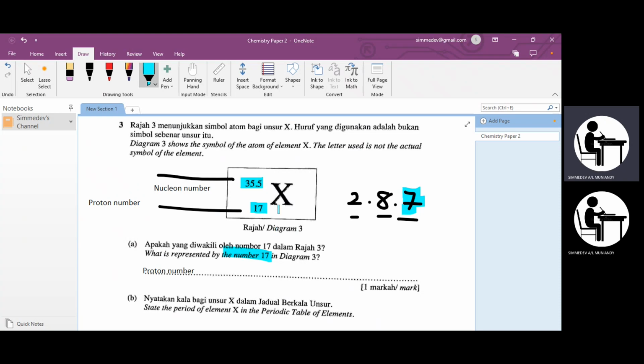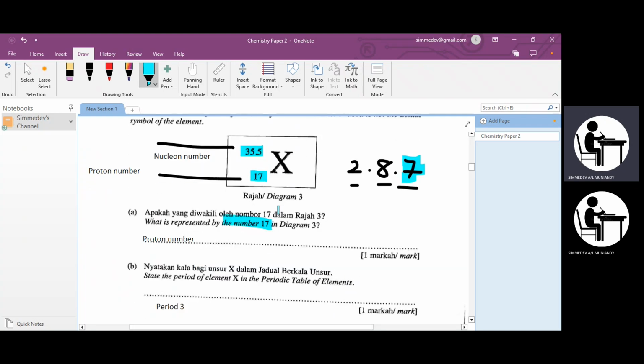if you have learned chemistry for a certain while, you will be able to identify this without even looking at the periodic table of elements at the back of your examination paper.